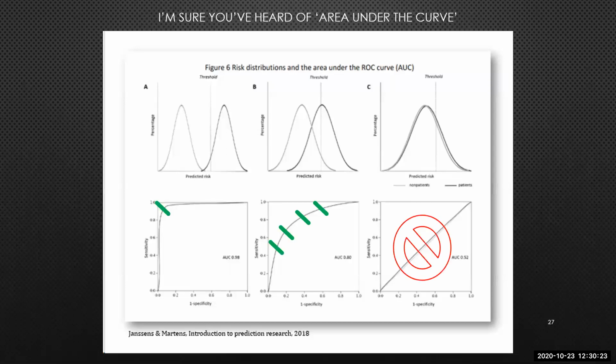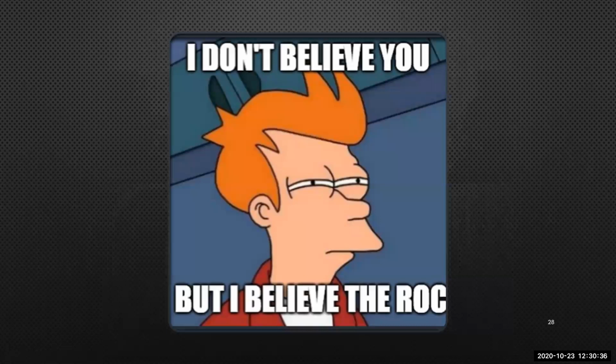And then a test like this, where there's a ton of overlap, we don't use because that has an area under the curve of a half, and the test is useless. So just to say, start using ROCs to help with your clinical decision making, especially when you may be confronted with your clinical judgment going one way and the test going another way.